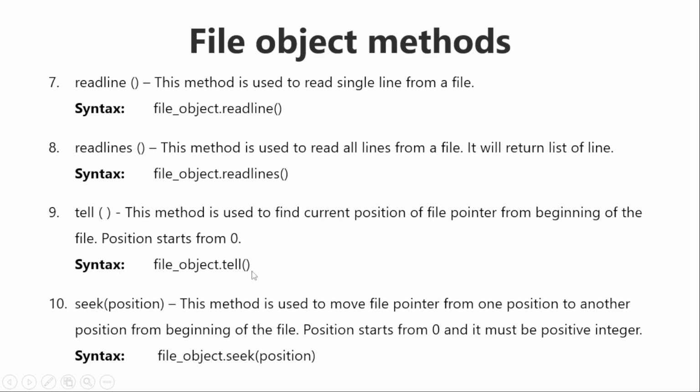Now the seek function. This method is used to move the file pointer from one position to another position from the beginning of the file. Position starts from 0 and it must be a positive integer.